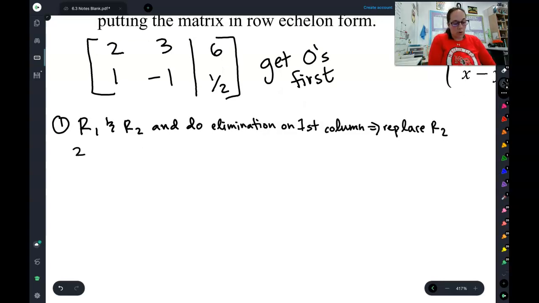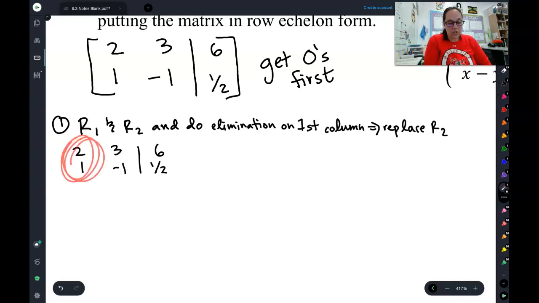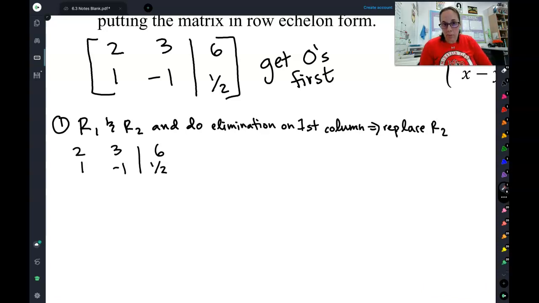So take row 1 and row 2. We're going to do elimination on the first column, and whatever answer we get from that elimination, we're going to replace row 2 with it. I want you to practice this on your own, so pause the video, do that elimination, replace the answer, and then come back to check your matrix to see how you did.